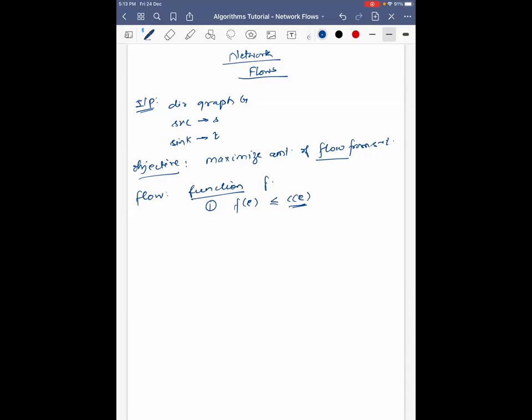Basically, you cannot push more than what the edge can carry, for all e in E. And secondly, the total flow entering any vertex is equal to the total flow leaving that vertex, for all v in V, except the source and the sink, S and T. Under these constraints, we need to maximize the amount of flow from the source to the sink.